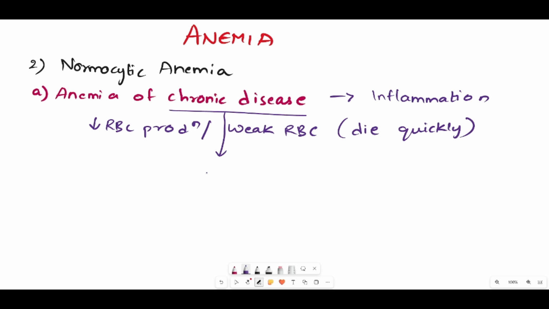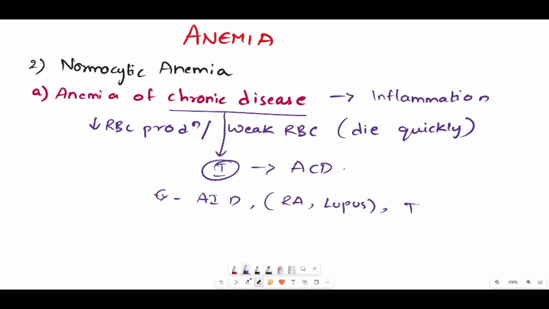Whenever there is inflammation, it leads to this ACD condition, anemia of chronic disease. This is generally seen in different types of disorders. It can be autoimmune disorders like rheumatoid arthritis, lupus, or conditions like TB, HIV, cancer, etc.